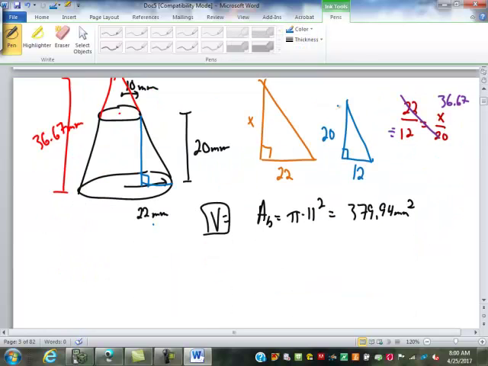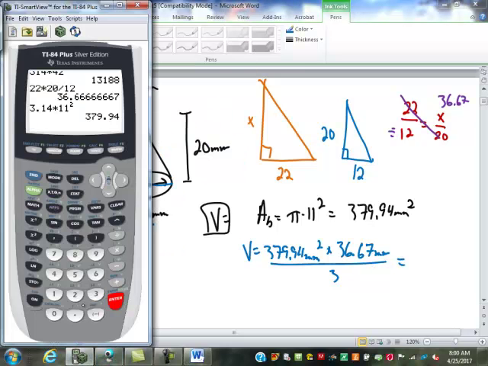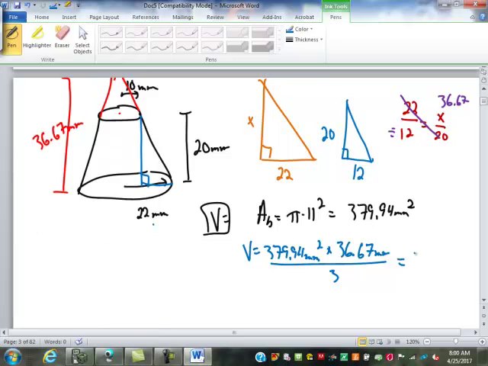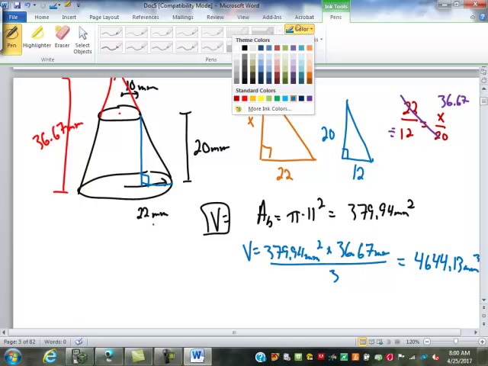And then the volume will be 379.94 times that height, the 36.67, and since it's a cone, we divide by 3. So it gives us 4644.13 millimeters cubed. That would be the volume of the whole cone.